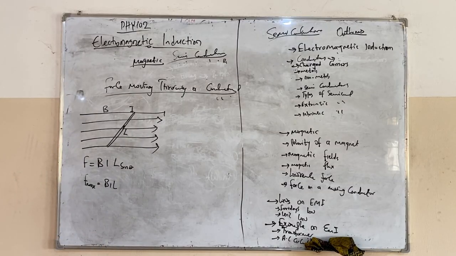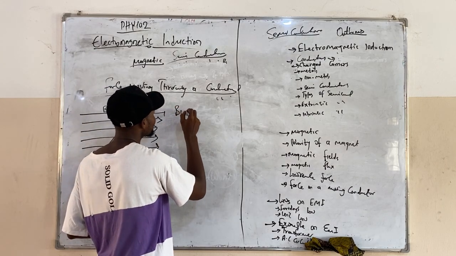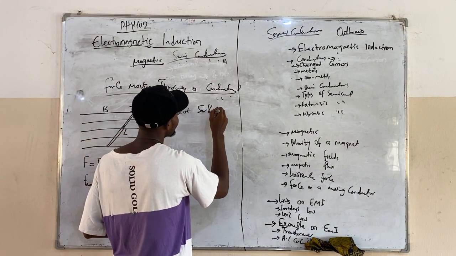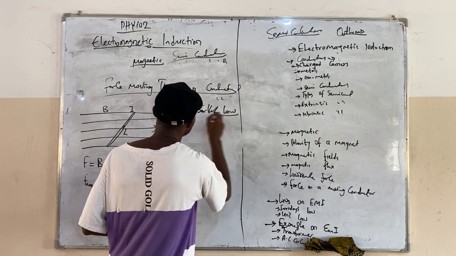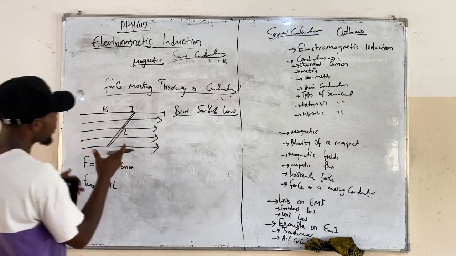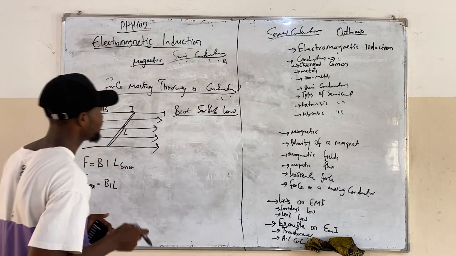Okay. So now let's introduce another important concept known as what? The Biot-Savart law. Maybe on our next video we'll be talking about this very one proper, but I want to just use this very diagram to illustrate what a Biot-Savart force actually means.